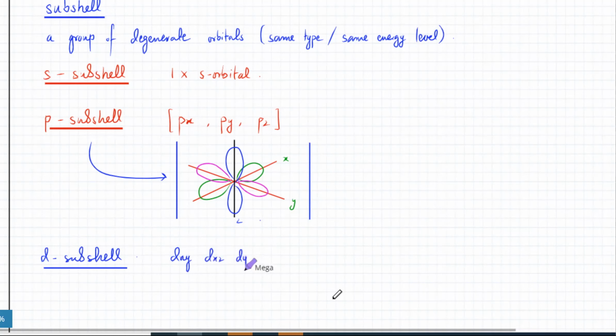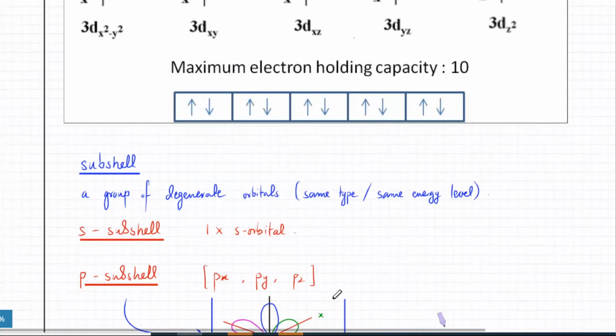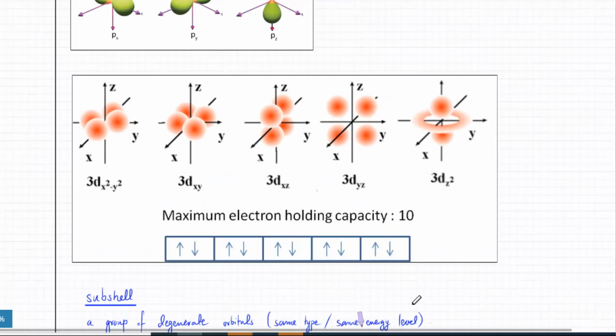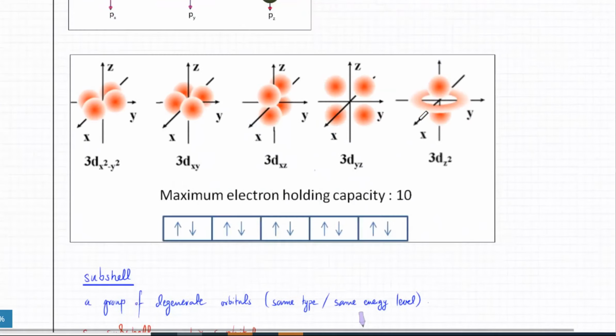Right now it's just important that you know there are 5 different D orbitals, and when you talk about them together collectively, that's known as a D subshell.